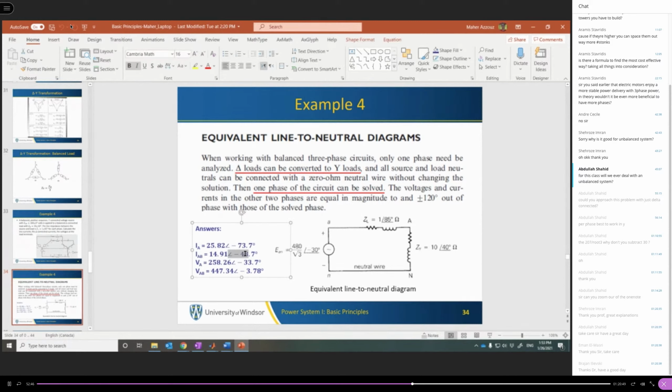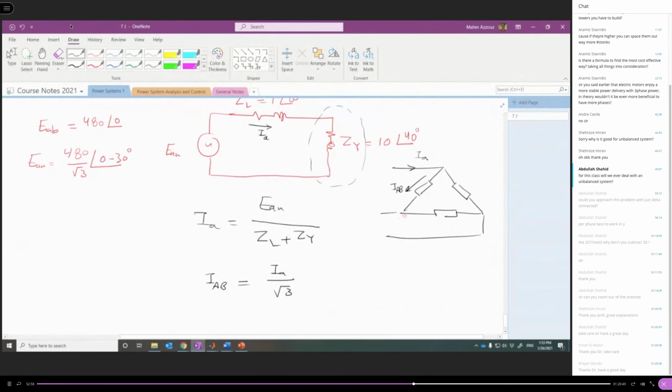And that is why you see negative 43.7 degrees. The magnitude of this current is divided by √3 to get the magnitude of the phase current. Okay. So this is how we get the phase current.